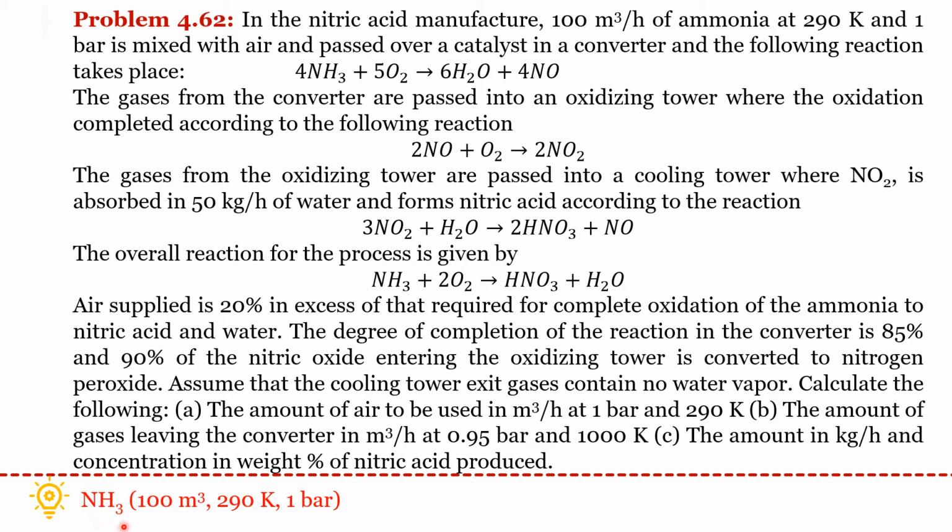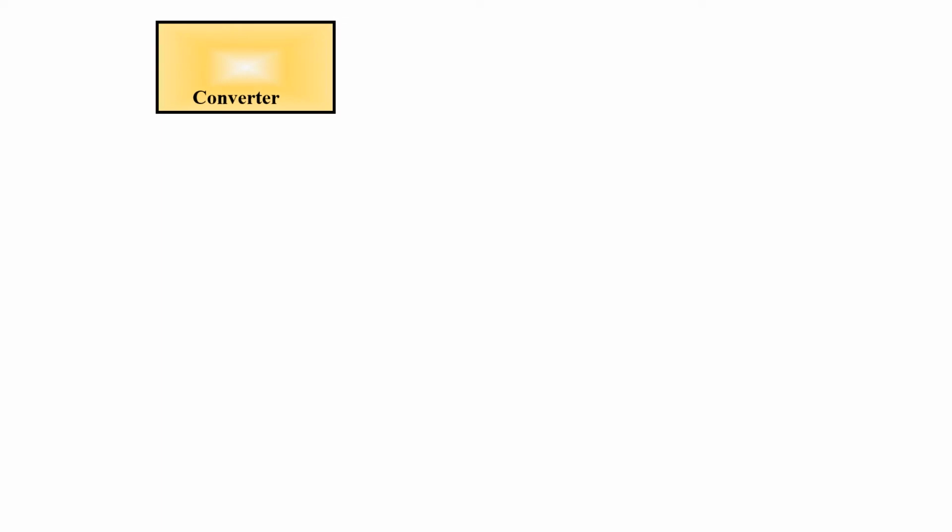So ammonia is available at 100 meter cube per hour, 290 Kelvin and 1 bar. So this is the converter. Initially, gases are entering into the converter.